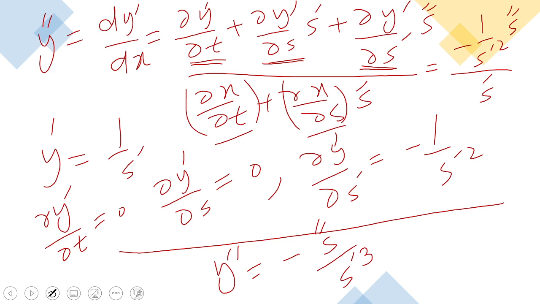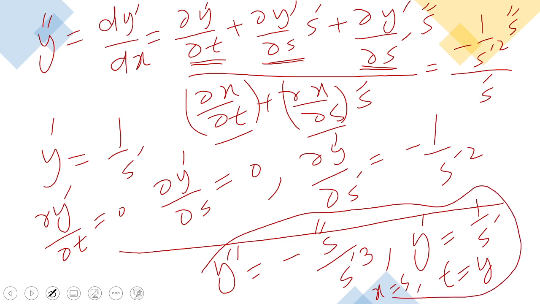Now I will put y dash, which is 1 over S dash, and y double dash in the given equation 1. What is equation 1? And also I will put x as S and y as T. So I will put these values in the differential equation.